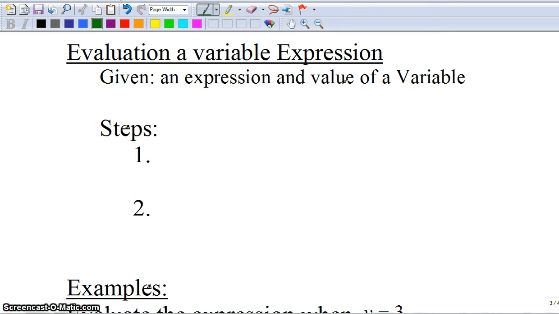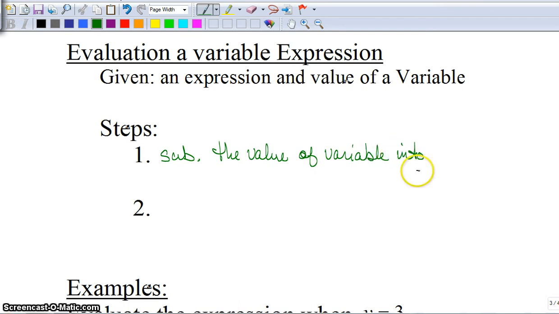The first thing you're going to do is you're going to substitute the value of the variable into the expression. And the next thing you're going to do is you're going to simplify.